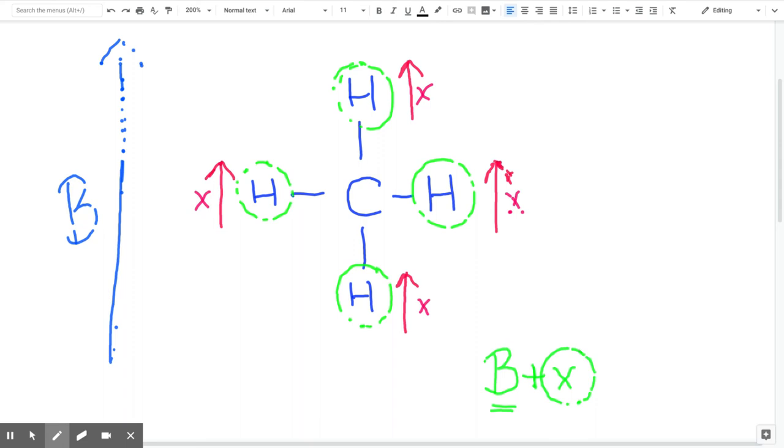Which means that if we then had some sort of spectrum, so we scanned the magnetic field, all of a sudden we would get a peak. Similar to infrared, we would get a peak due to the magnetic field of the compound we're looking at, or specifically of the protons within the compound. That would correspond to magnetic field X.